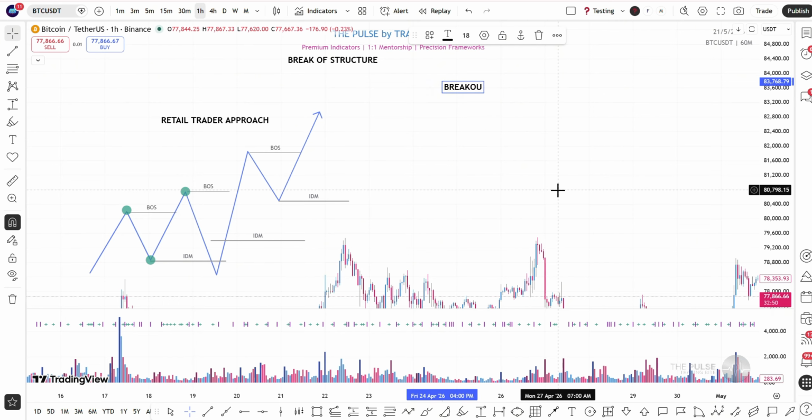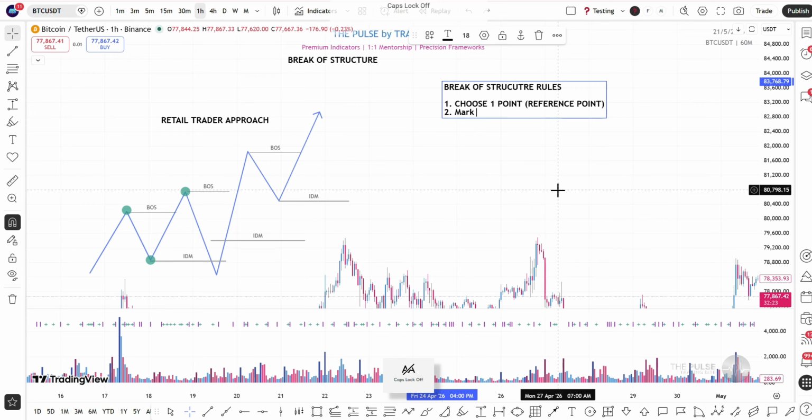Break of structure rules. Rule number one is choose one point, we can call it the reference point. Rule number two is mark the first valid IDM.